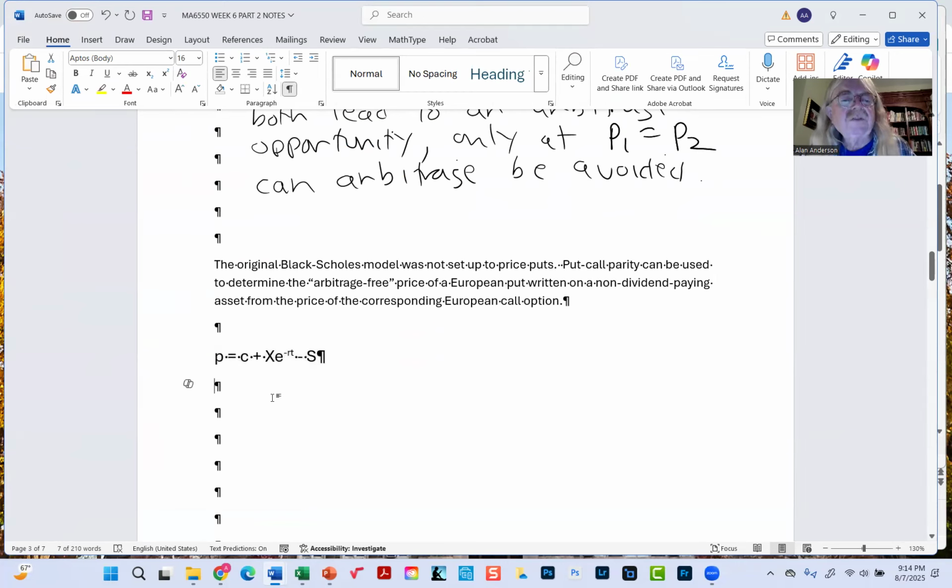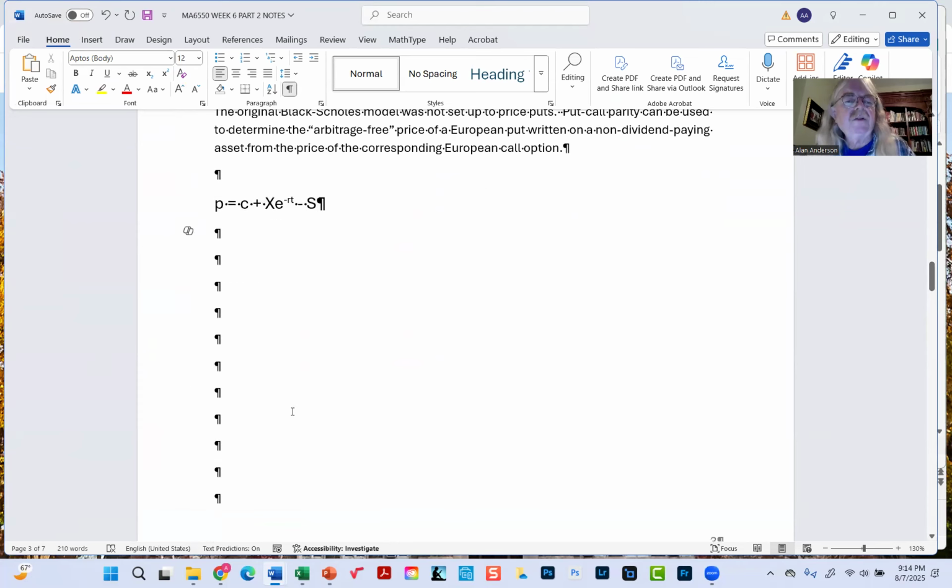And you can see you recognize all these variables. P is the European put price. C is the European call price. X is the strike price. R is the risk-free rate with interest.